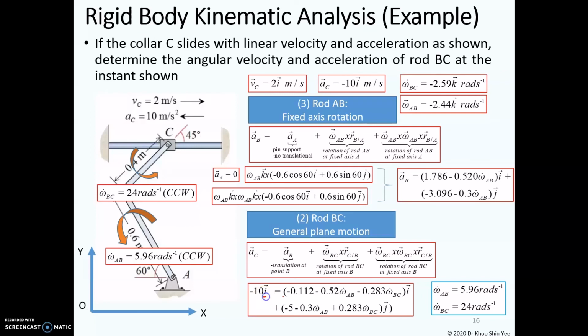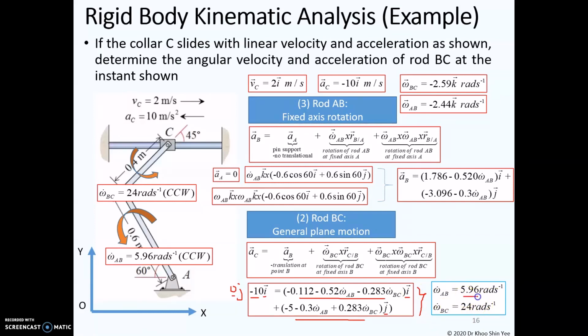By comparing the coefficient for i, and the coefficient for j on both sides, you should be able to form two equations. First equation is negative 10 equal to this coefficient. Second equation is 0 equal to this coefficient. By solving these two equations simultaneously, you should obtain the unknown omega dot AB and omega dot BC to be this answer.